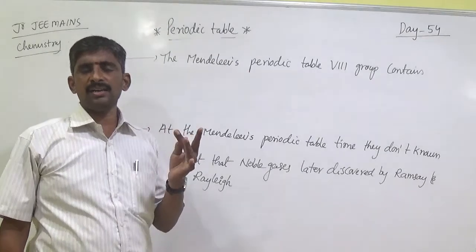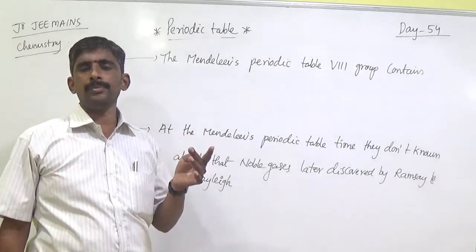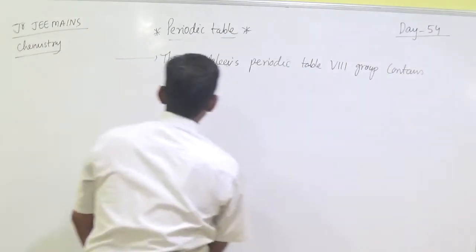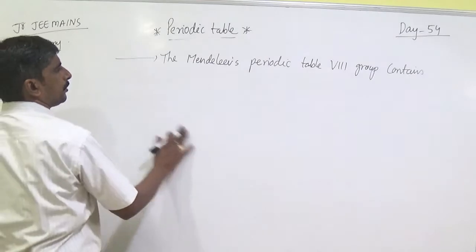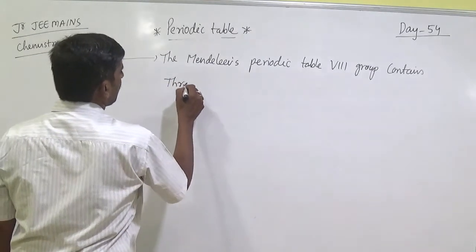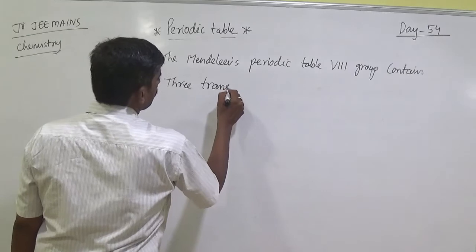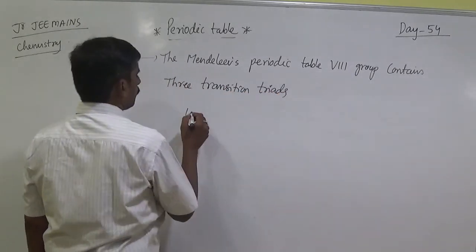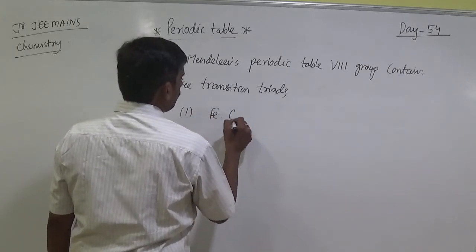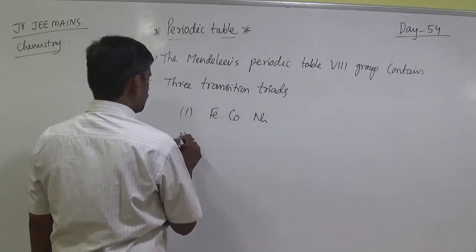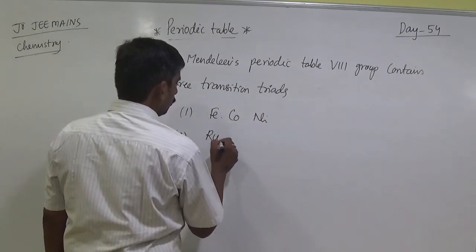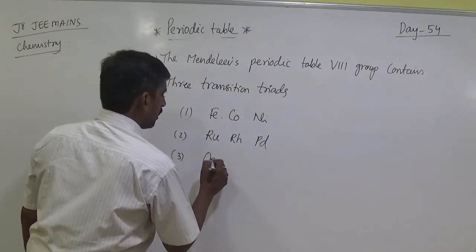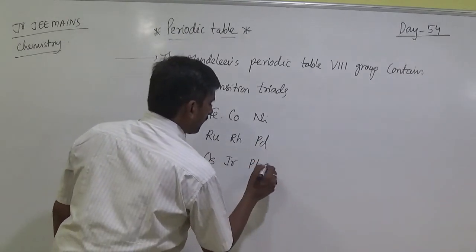The first one is iron, cobalt, nickel. The second one is ruthenium, rhodium, palladium. The third one is osmium, iridium, and platinum.